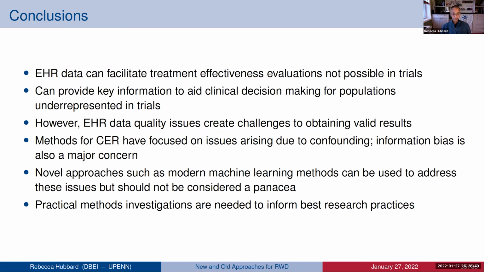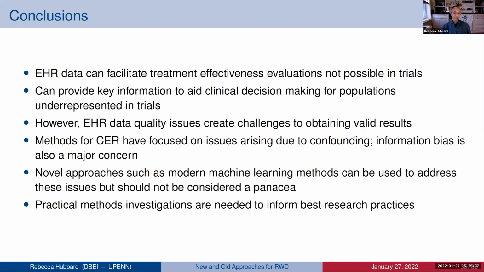However, there are important EHR data quality issues to consider, and especially in the setting of comparative effectiveness research, which is extra challenging because of the added issues of confounding. There's been a lot of focus on how we achieve confounder control, how we avoid bias due to confounding, and relatively less emphasis on information bias. Both are super important concerns in this setting.